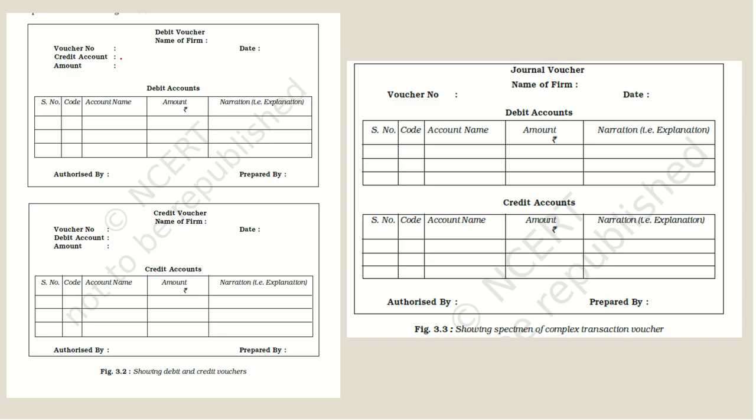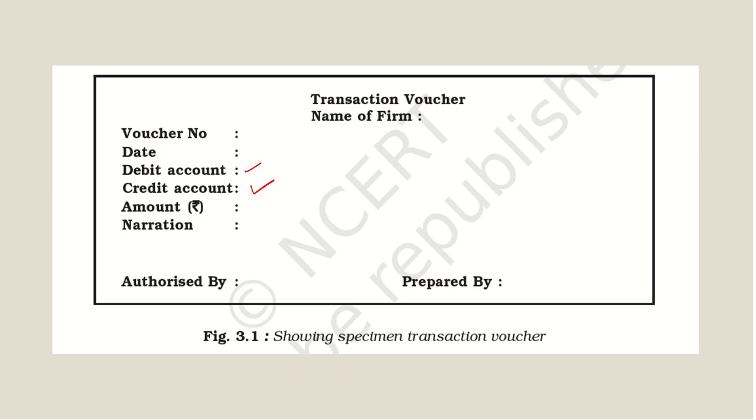There is one credit account and more than one debit account, or in a credit voucher it is one debit account and more than one credit account. So in case the company pays salary, salary is an expense, right? Salary account will be debited and cash will be credited. In such types of transactions these vouchers are used.